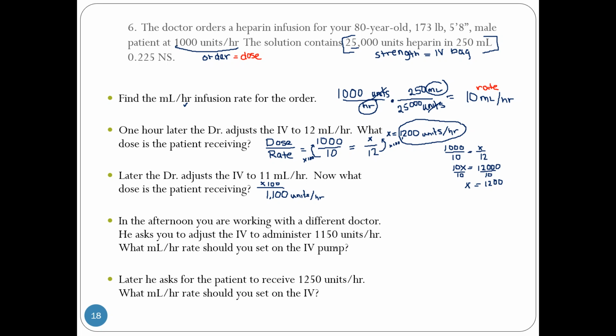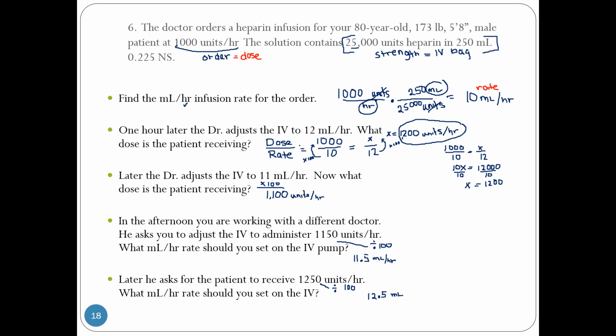So to get to the bottom number, I can divide by 100. And that would be an 11.5 milliliters per hour. Similarly here, this is a dose. So to get to that rate, it looks like I will divide by 100. That's the relationship I noticed, 12.5 milliliters per hour.